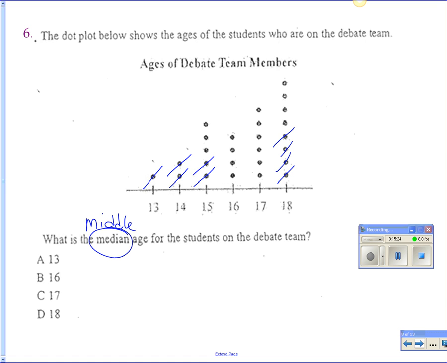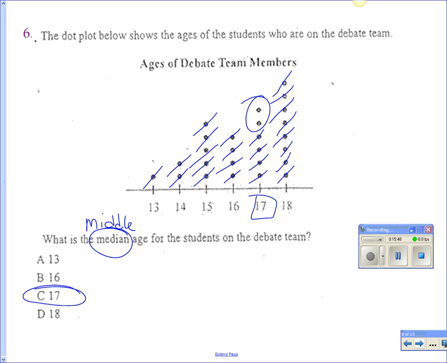One here, one here, one here, one here, one here. Okay, now I'm left with these two columns. I'm going to go between 16 and 17. Okay. All right, where are my dots left? At 17. So my median is 17.